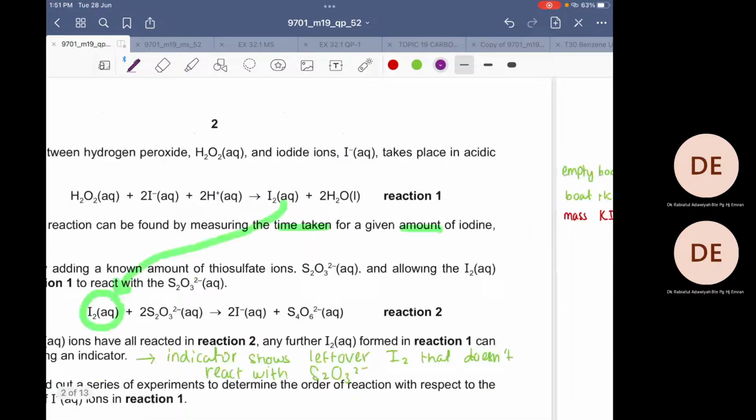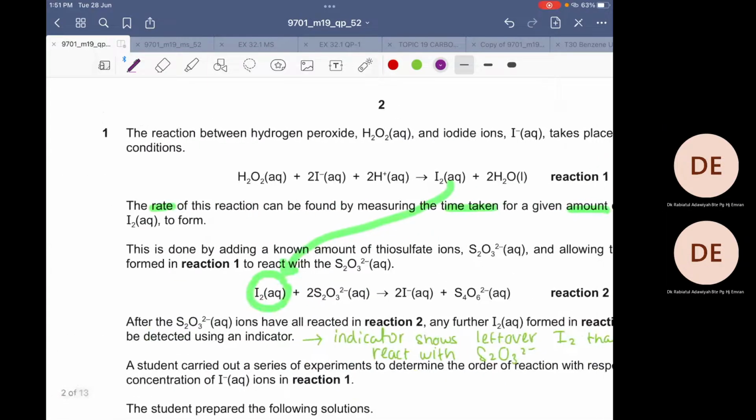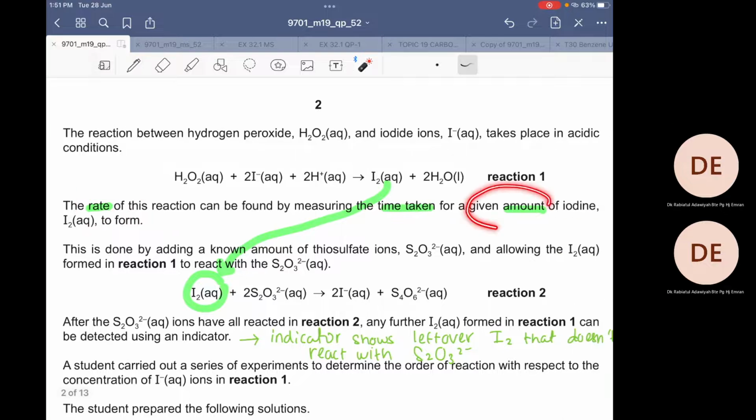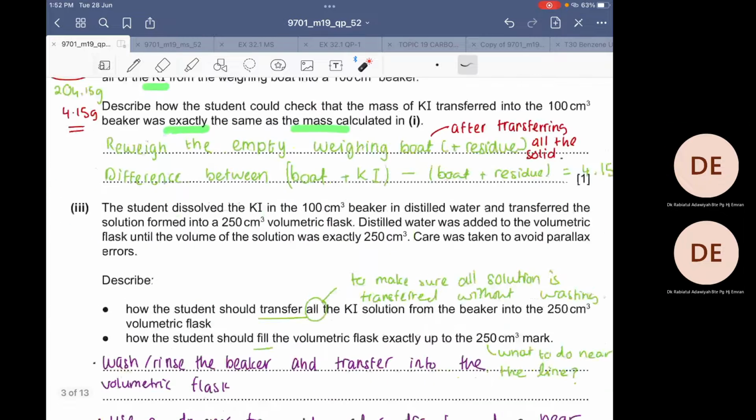Going back to the first part of this experiment, we are monitoring the rate for a given amount. We are going to monitor the change in amount over the change in time, which is the rate of the reaction.